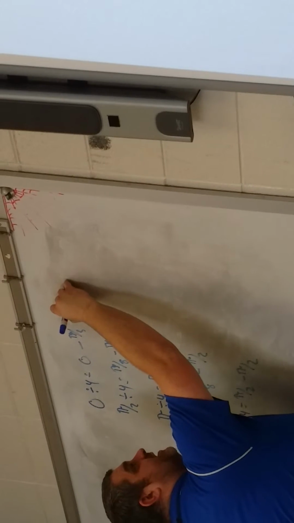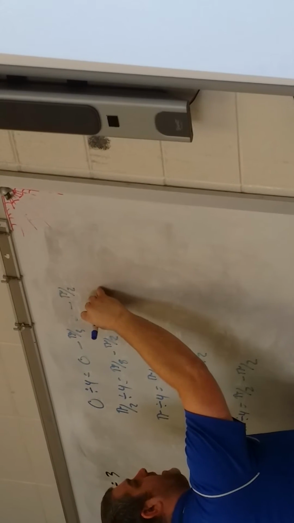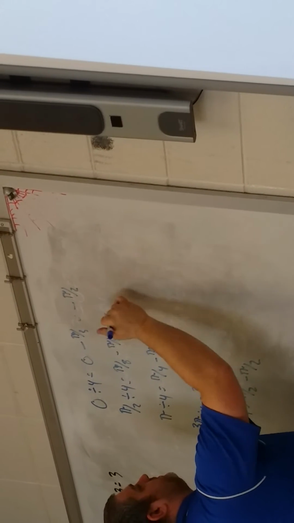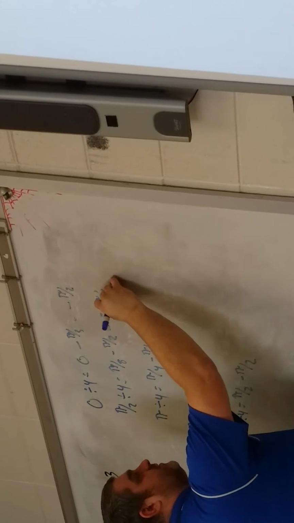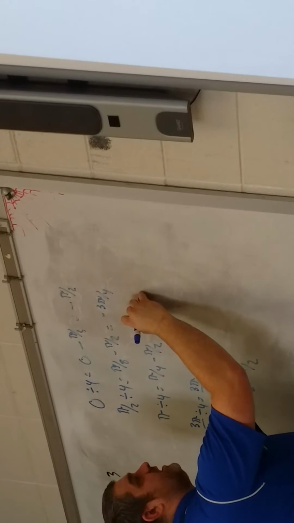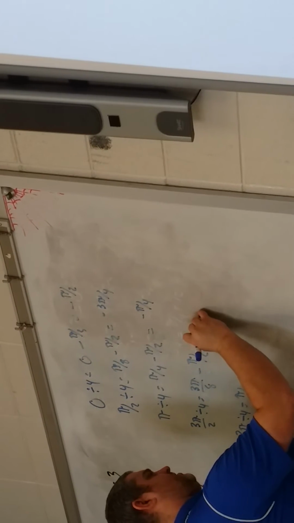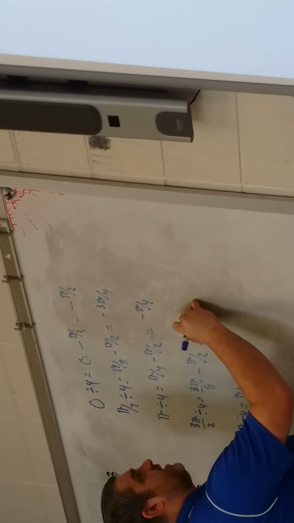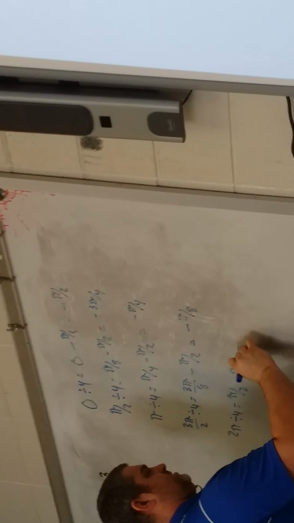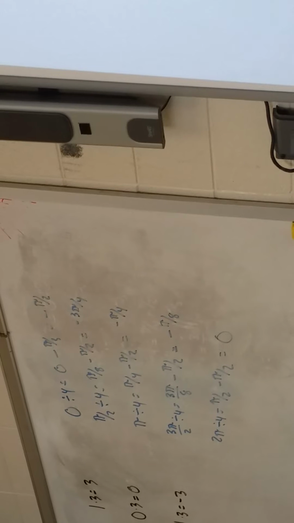That'll give me negative pi over 2, negative 3 pi over 8, negative pi over 4, negative pi over 8, 0.